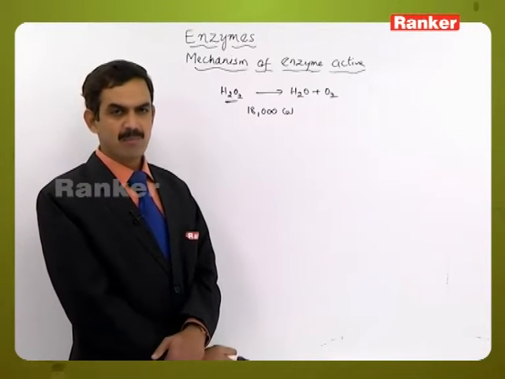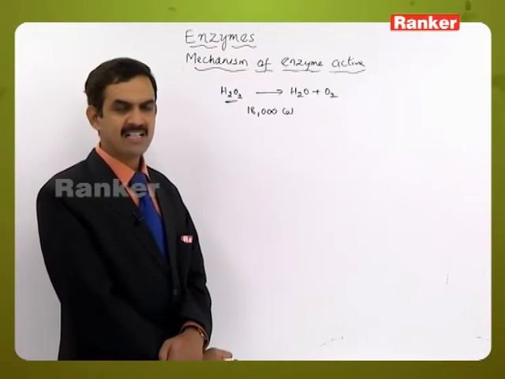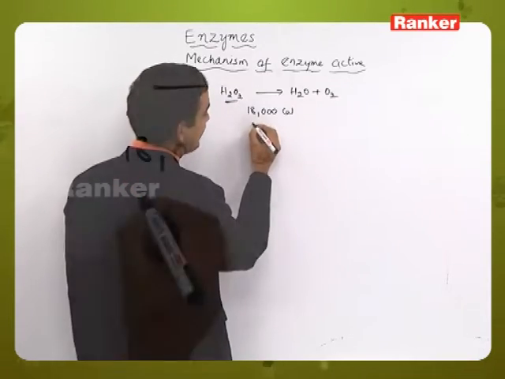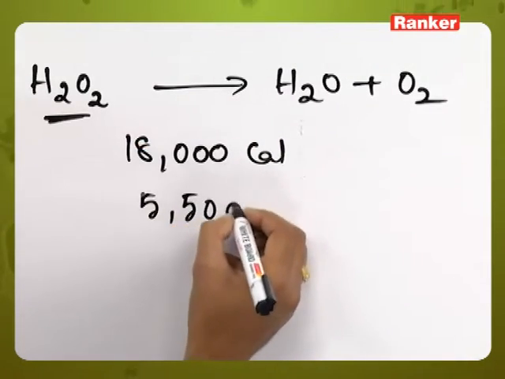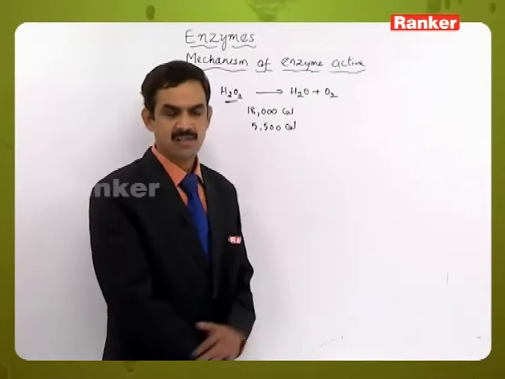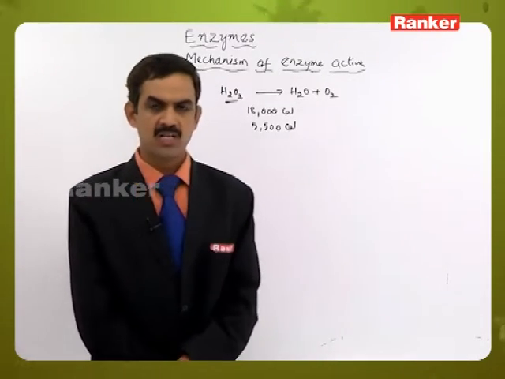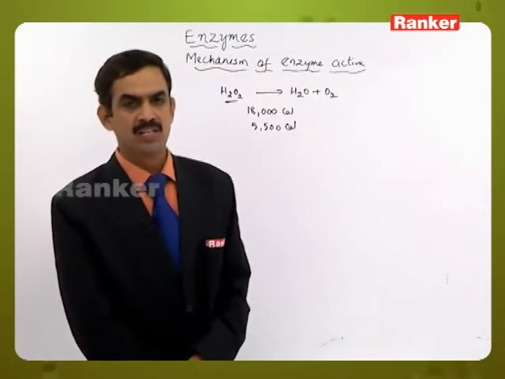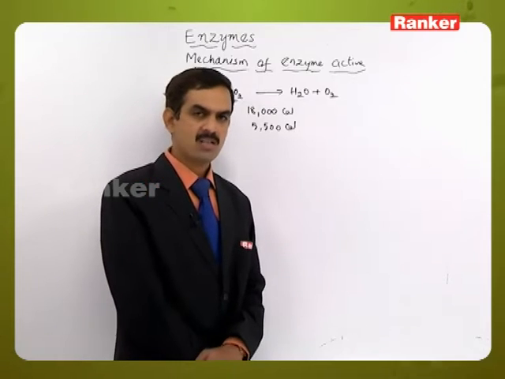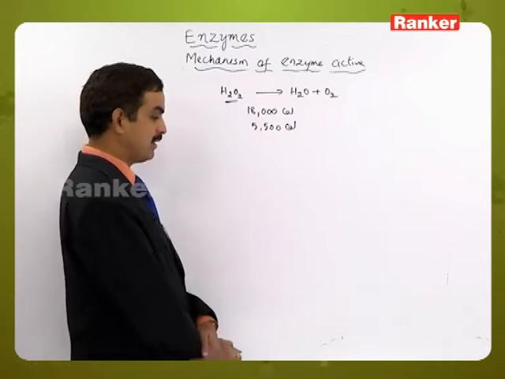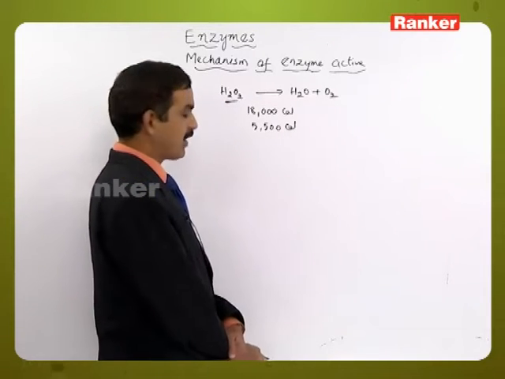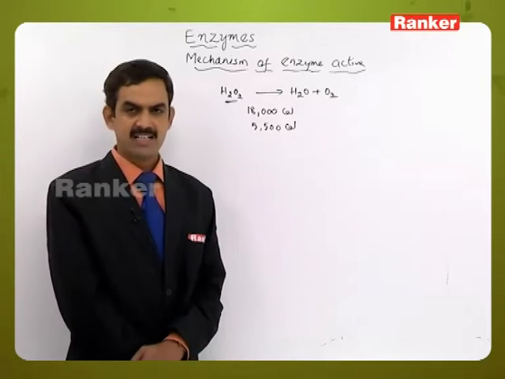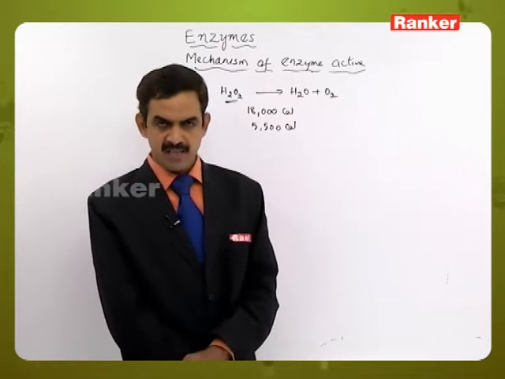If the same step takes place in presence of an enzyme like catalase, the energy level is decreased to 5,500 calories. When the activation energy has decreased, the reaction will take place in a faster manner.